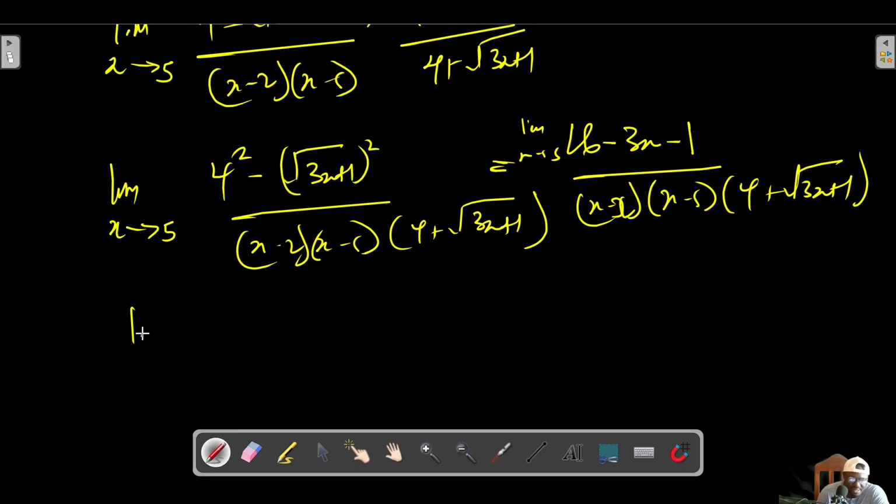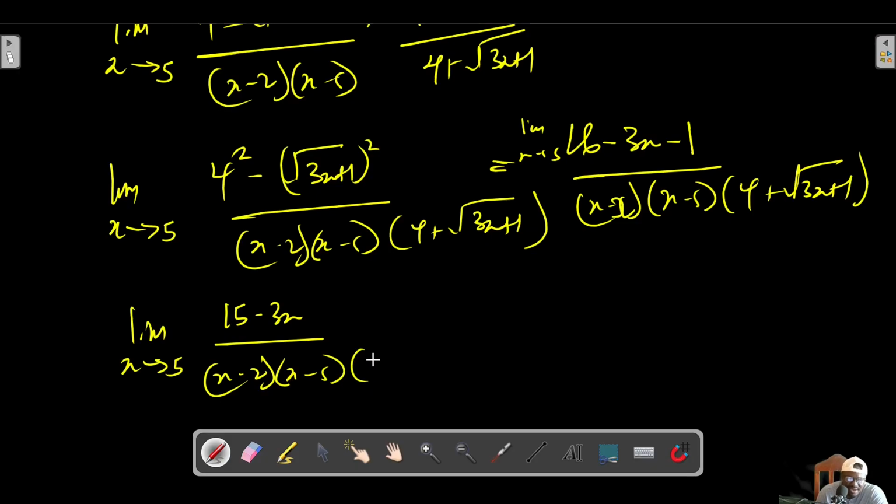So what do we get for the numerator? The limit as x is approaching 5 of 15 minus 3x divided by x minus 2, x minus 5 multiplying 4 plus root 3x plus 1.